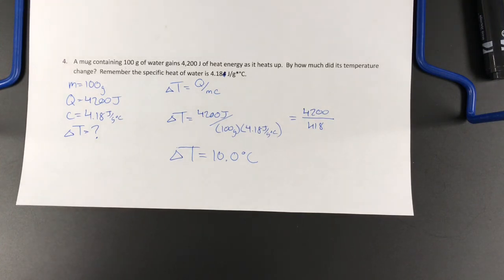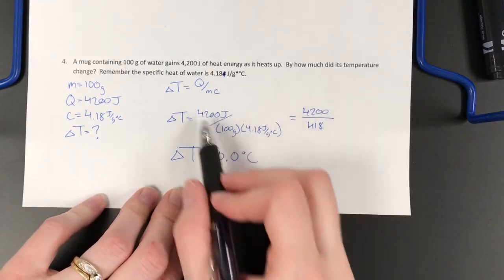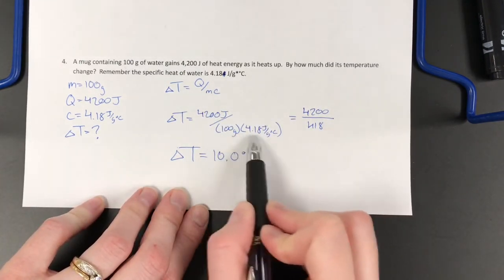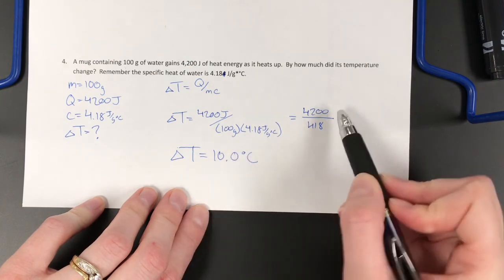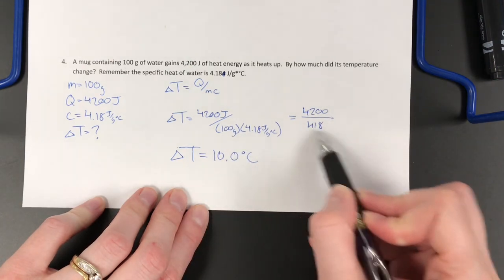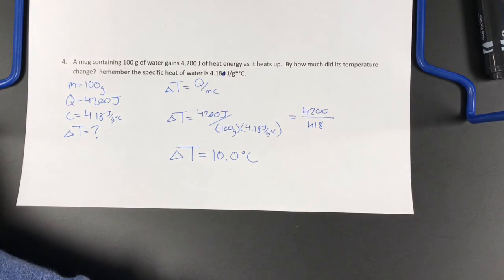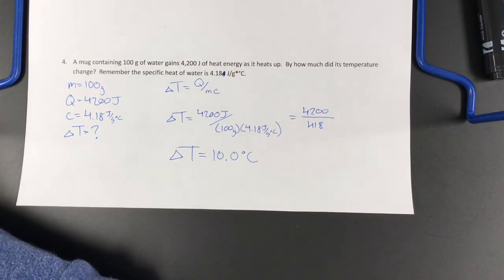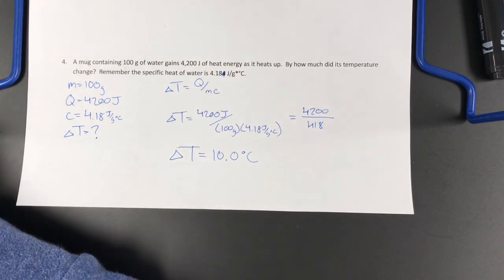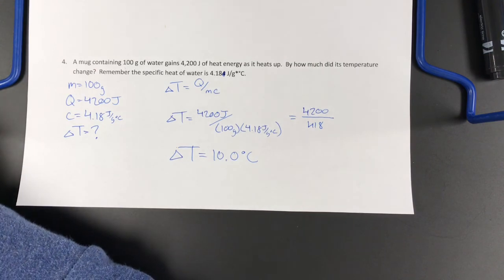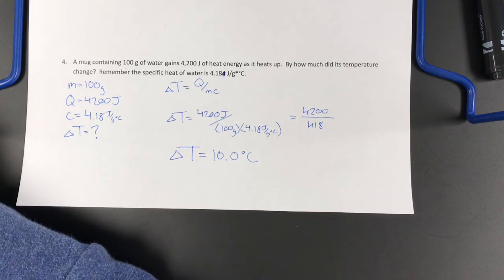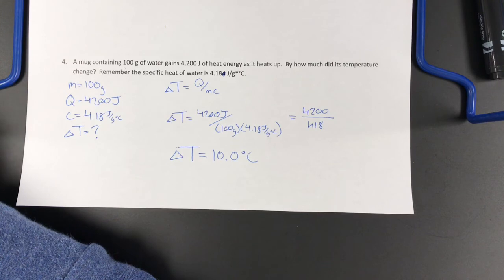So practice with your calculator if that's not what you're getting. Try it in 2 steps like what we did right here. Just do the bottom first. Then you're doing the top divided by the math you already did on the bottom. What you might be doing is doing 4,200 divided by 100, and then times 4.18.